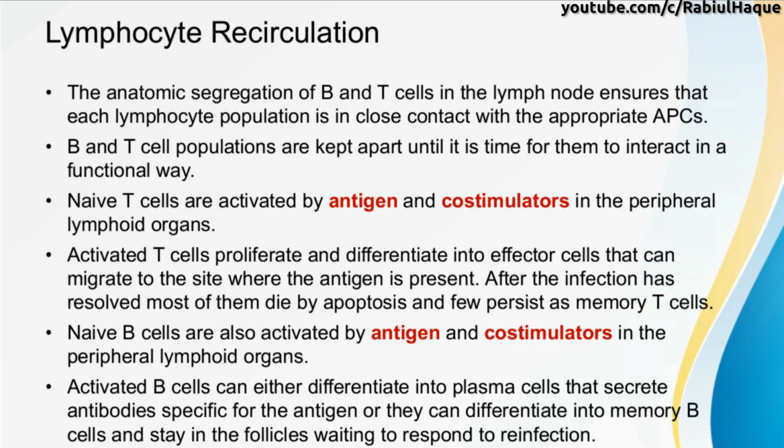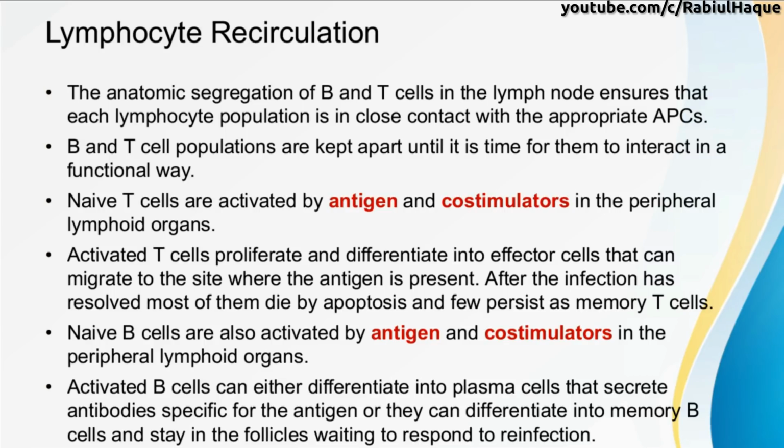After the infection has resolved, most of these activated T cells will die by apoptosis, and a few may persist as memory T cells. Now, I have an entire video on apoptosis, so you can also watch that video after finishing today's video to know more about apoptosis.